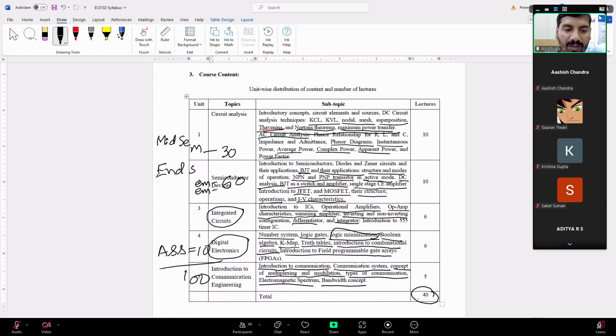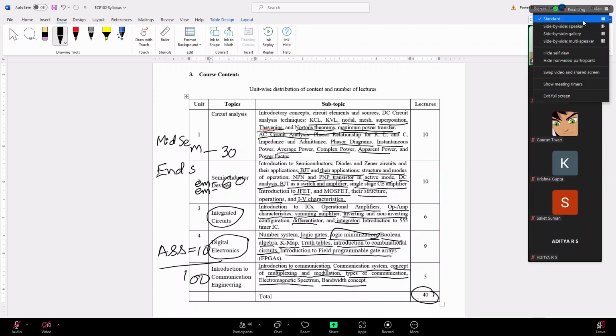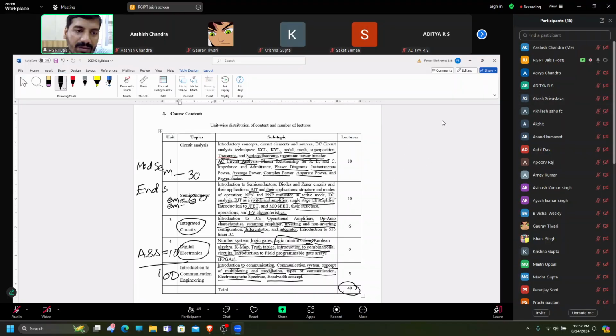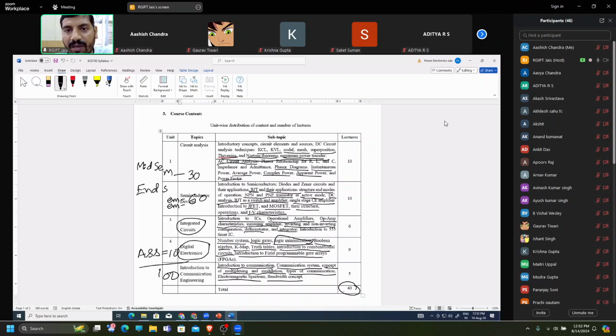About the evaluation: in this course you have to do some experiments also. You have a separate lab, the Fundamentals of Electronics Engineering lab. The lab will start when you come here in offline mode, so it will take some time.